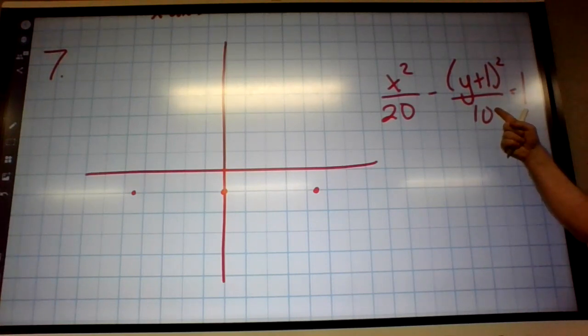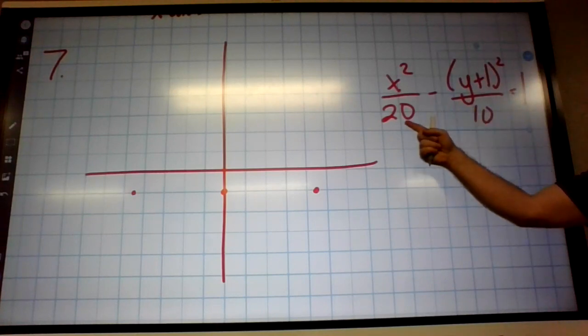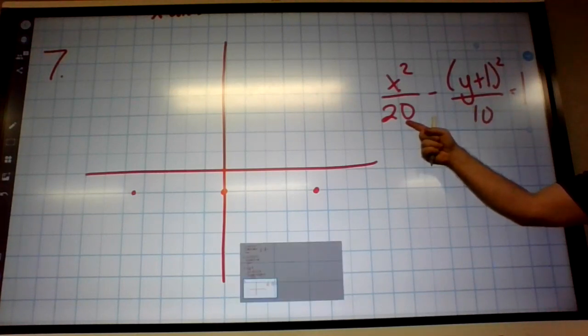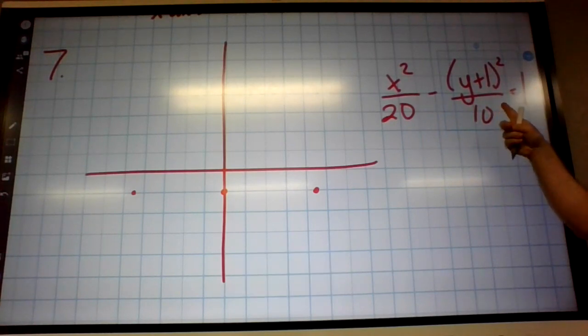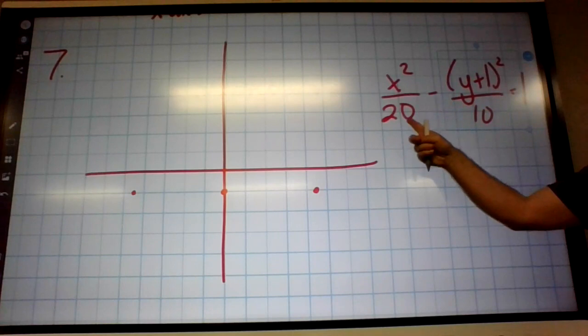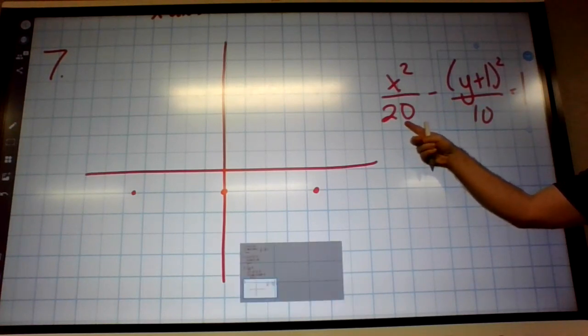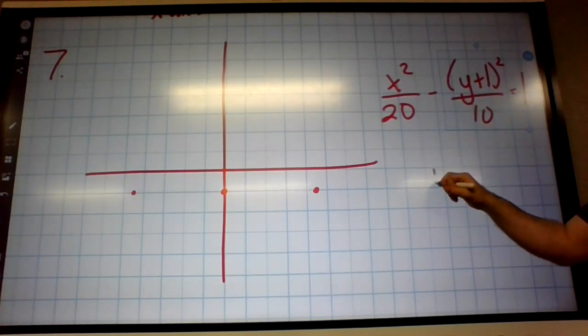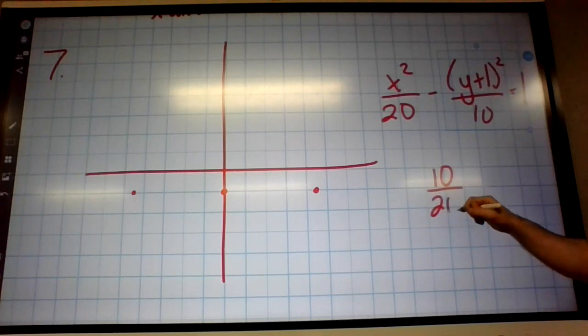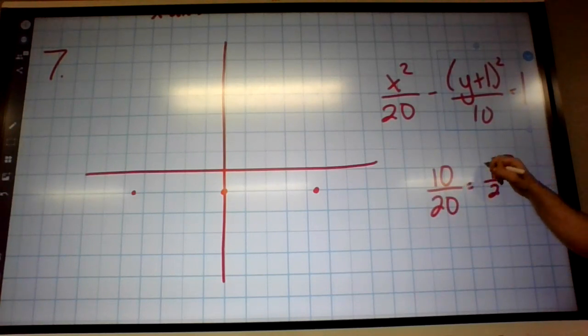I said you do this one over this one, which in this case is true, but really you do the one under the y over the one under the x, and then you square root it. So it's 10 over 20, and the square root of that. 10 over 20 is 1/2, and the square root of 1/2 is a mess. The book was nicer to us. They always gave us numbers that actually had square roots.